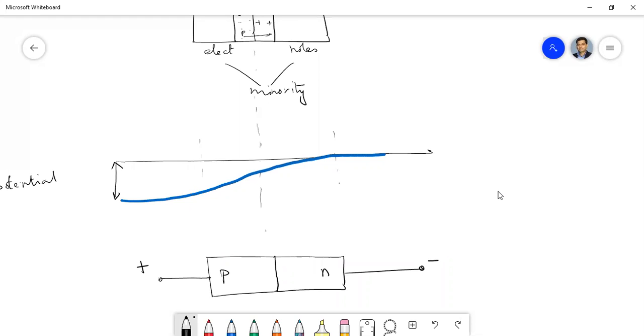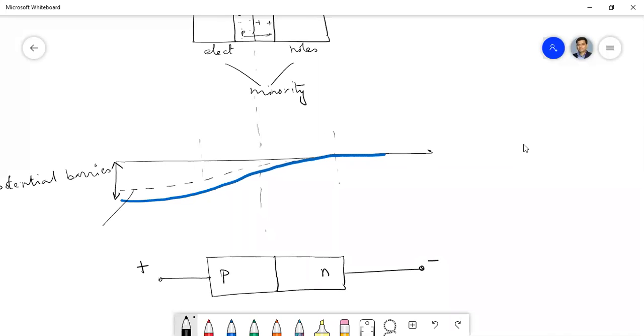The potential barrier which was created due to the open circuit, or due to the diffusion of the carriers, will be reduced by this voltage. That potential will be opposed by the external voltage applied. The height of this potential barrier, the height when it is open circuited, will be reduced to some extent due to this forward bias.